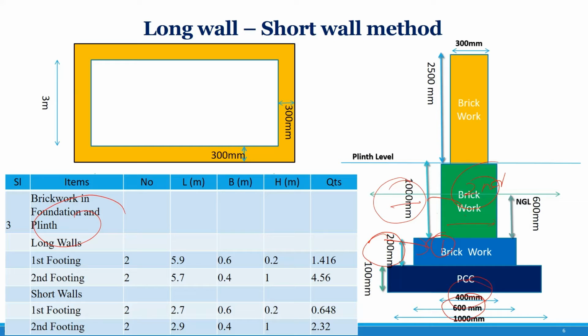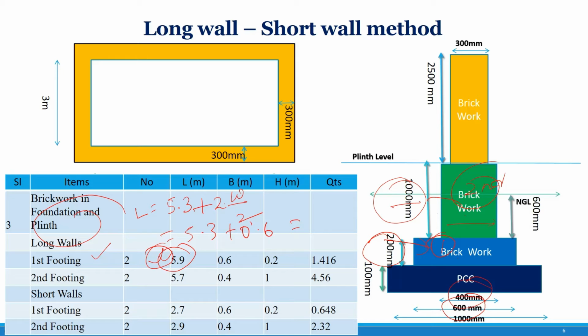Let's start with the length of the long wall for the first footing. We have evaluated the center to center distance as 5.3 meter, plus 2 times half of the width of the component. This component width is 600 mm, so 2 into 600 divided by 2, that is 5.3 plus 0.6, finally coming to 5.9 meter.